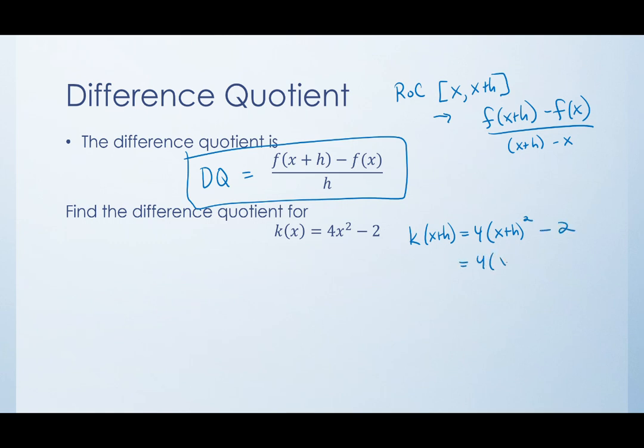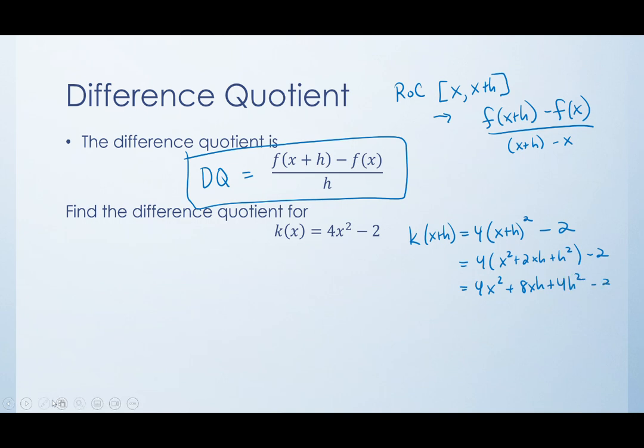We're going to have to FOIL that out. So we've got 4 times x squared plus 2xh plus h squared. And now we're going to distribute the 4, and then we've got the minus 2.